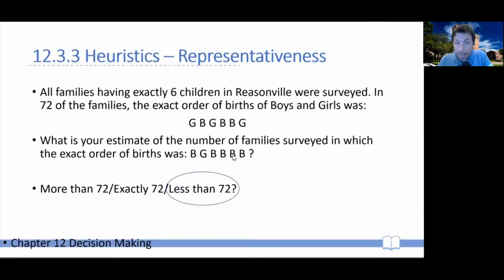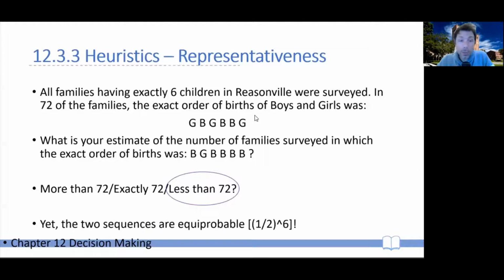They think it's less likely because they think there are fewer than 72 families that would have the second sequence than the first. Hence, people think the second sequence is more rare than the first. Yet, according to probability theory, the 2 sequences are actually equiprobable. They have exactly the same likelihood of occurring.